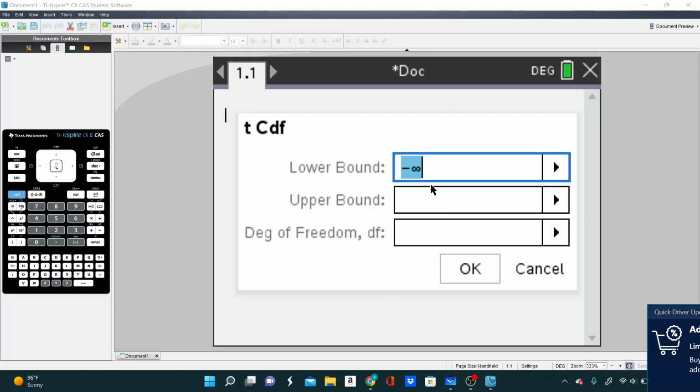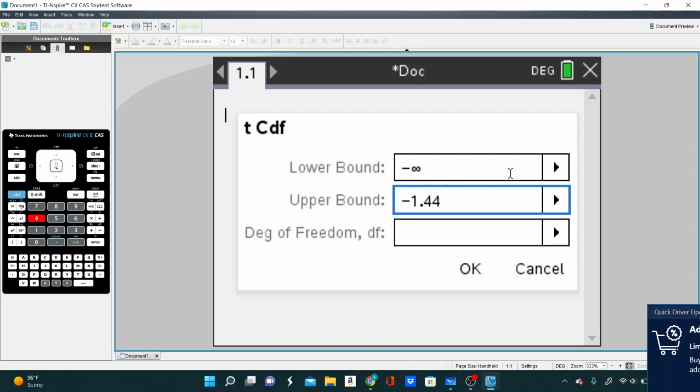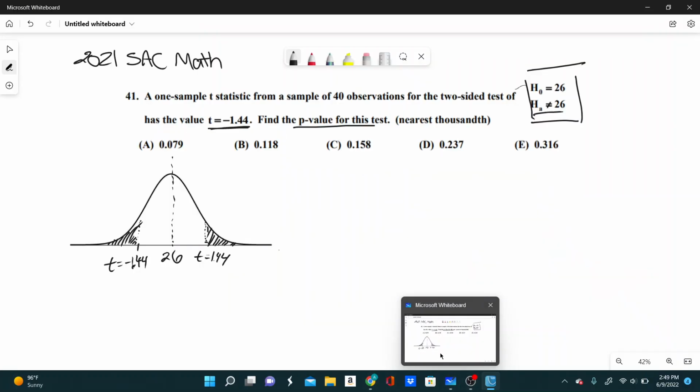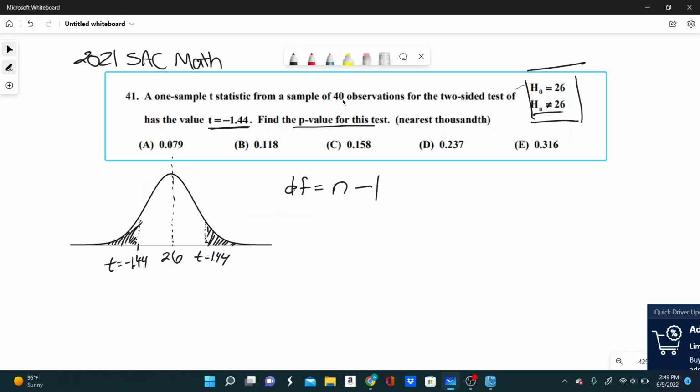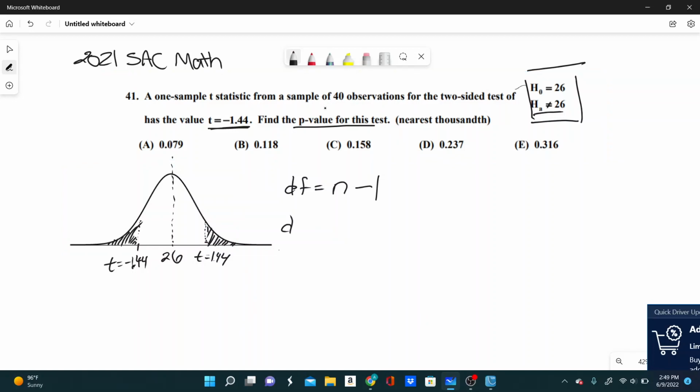So for the lower portion, the lower bound will be negative infinity, the upper bound will be negative 1.44, and then the degrees of freedom. The degrees of freedom is basically just your sample size minus 1 for a t test. So if you have 40 observations, then your degrees of freedom is 39.